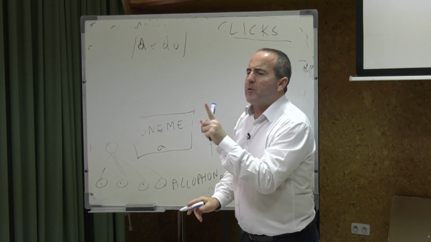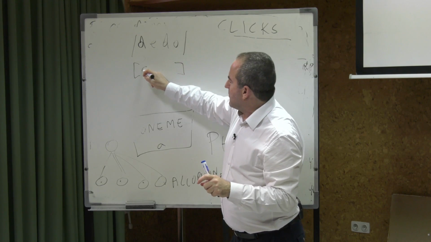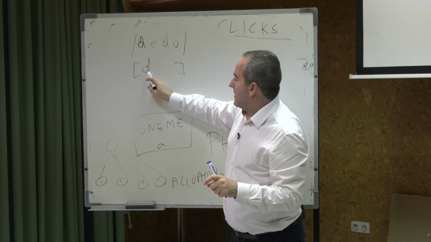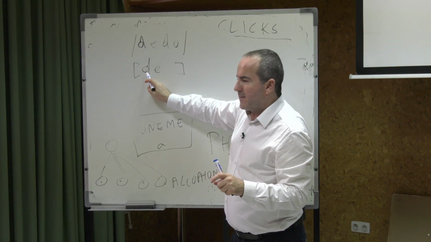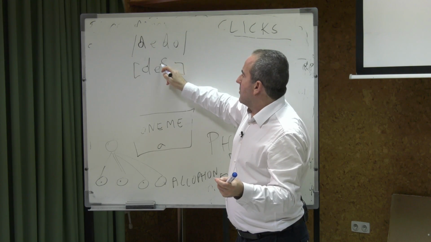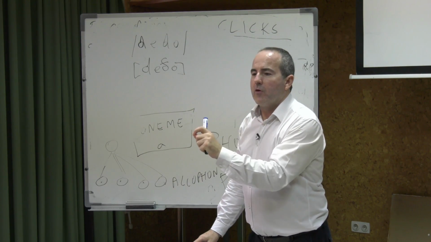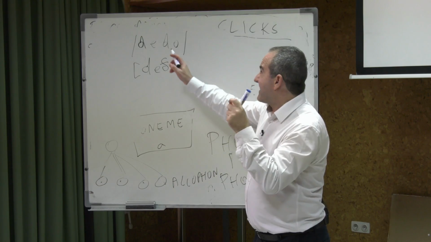If you notice how you pronounce the word dedo, and you want to make a phonetic transcription, you realize that the first one is a stop consonant, but the second one is an interdental fricative. You say dedo. What does this mean?